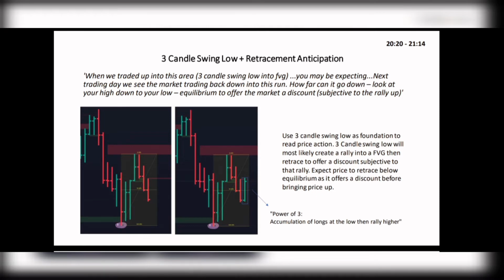And how far we can go down, how far price can come down is subjective to that rally up. We're expecting for price to retrace below equilibrium, the 50% mark of the Fibonacci tool, and to offer a discount to bring price up.